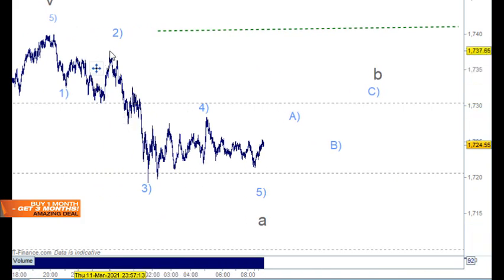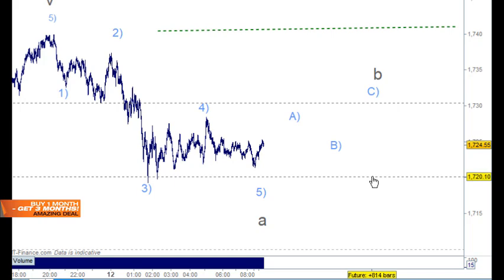I think this here is 1 and 2 here, and then 1, 2, 3, 4, 5 for the third wave. The fourth wave and the fifth wave are 1, 2, 3, 4, 5. That's how I see that. I see all of this as the fourth wave. I don't know. It doesn't look like we've got 5. We should be making a new low here, but it just doesn't want to go down past that 72. And yet it may do all sorts of things.